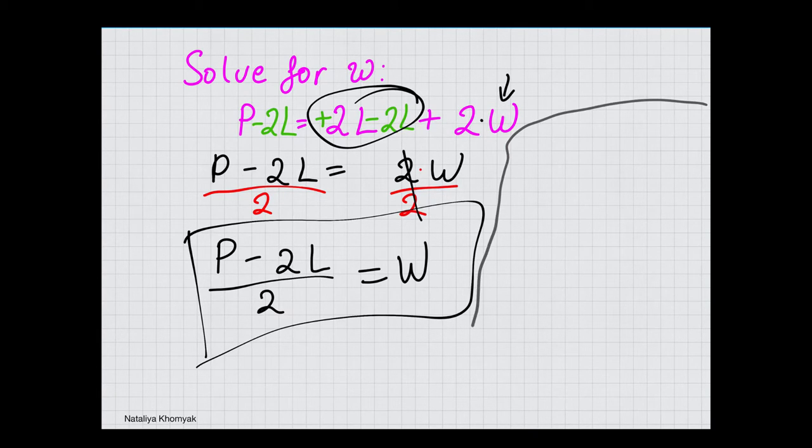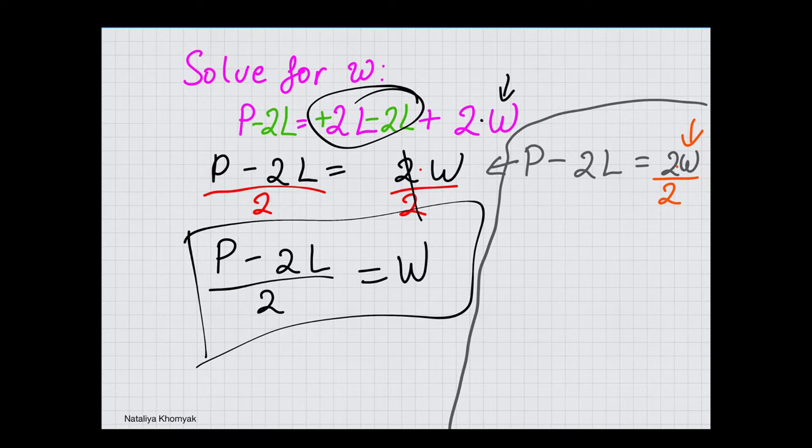Now I just want to show you something. If you have P minus 2l equals 2w, that's the same step as over here. I am still solving for this w, and I still need to undo multiplication by dividing by 2.